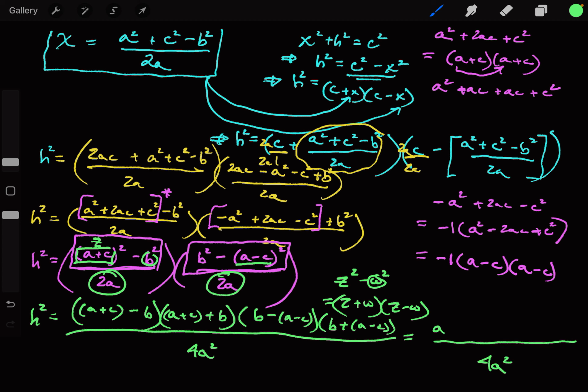This is a plus c minus b times a plus b plus c, the next one. And then this one, the minus distributes, so you're going to get b minus a plus c. And then the last term is b plus a minus c. And now you have h squared in terms of a, b, and c. And that's what's ultimately important.